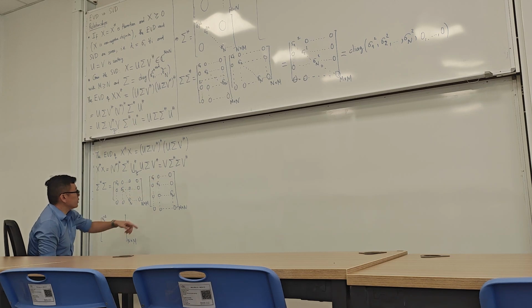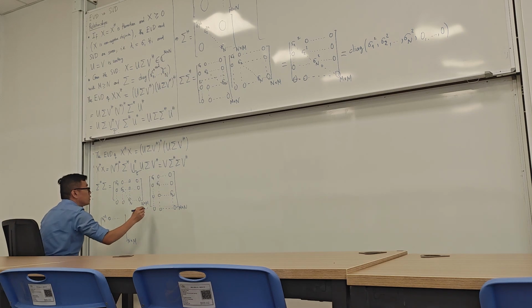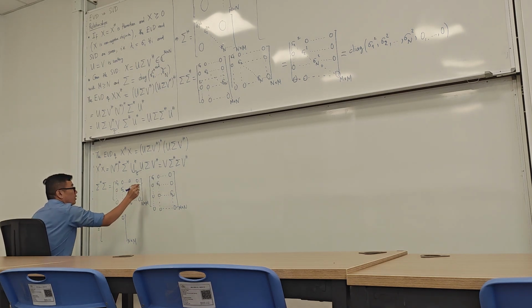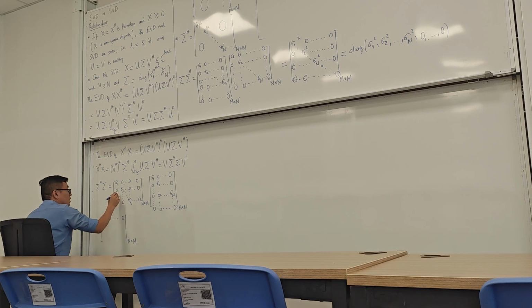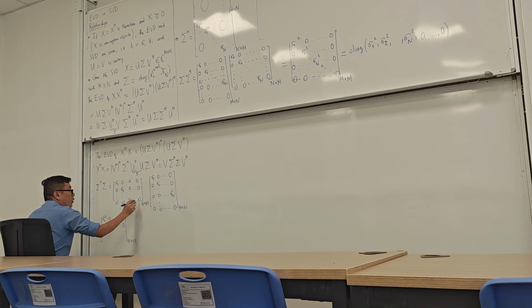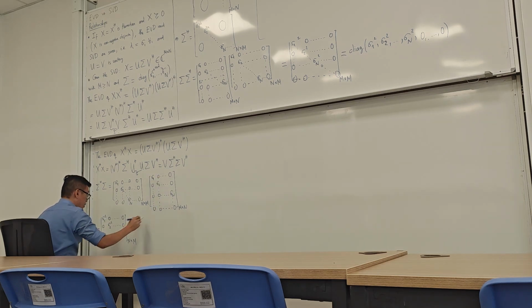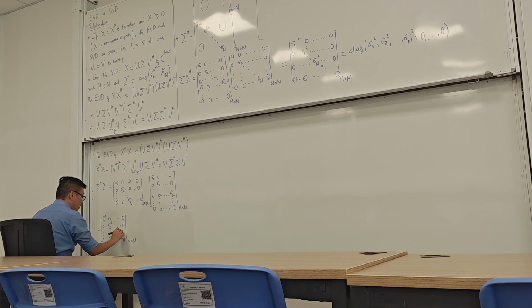This one with the next gives 0, and so on. Then sigma 2 squared, and then 0 and so on. Finally, this one with this one we have sigma n squared.